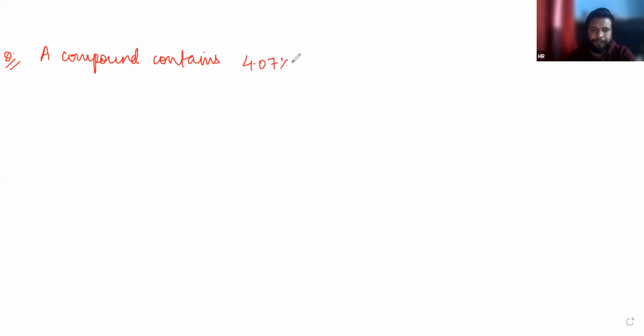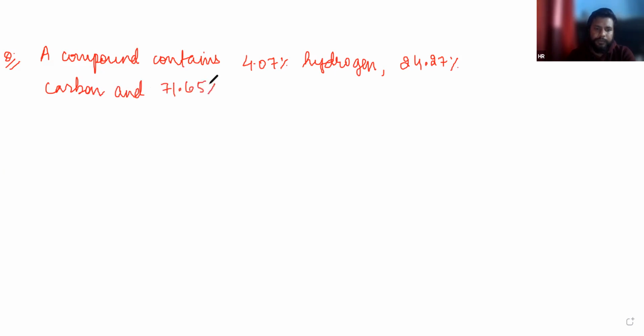Just see, I'm taking an example from NCERT to let you understand how to calculate empirical formula and molecular formula. Just write the question with me first, then I will explain it to you. A compound contains 4.07% hydrogen, 24.27% carbon, and 71.65% chlorine.